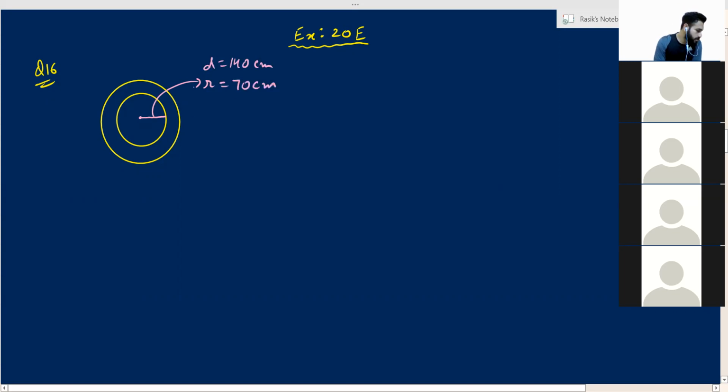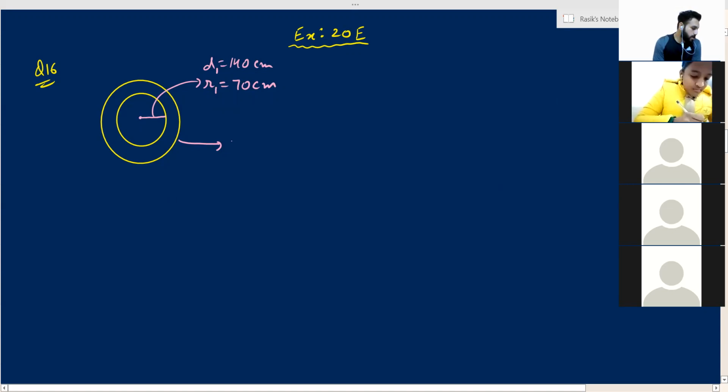Now, if the length of the outer edge of the parapet is 616 centimeters, that means the circumference of the outer circle. Let the diameter of the inner circle be d1 and the radius of the inner circle be r1.